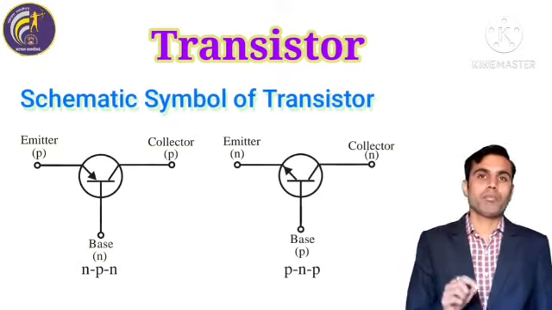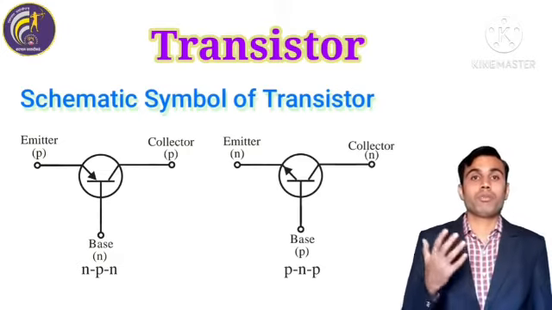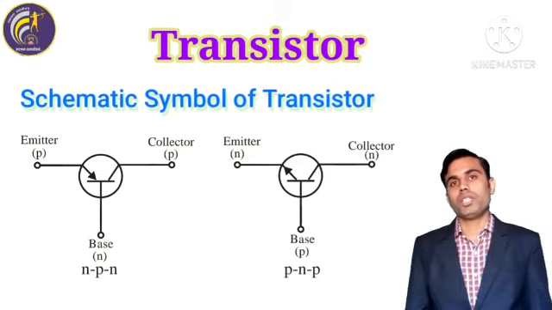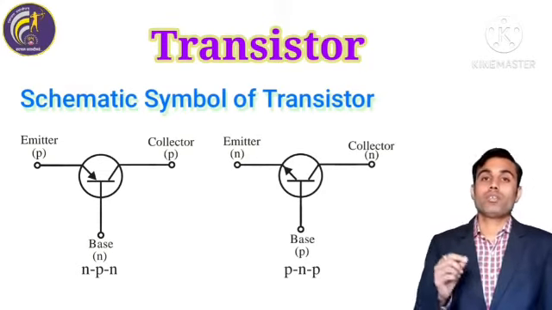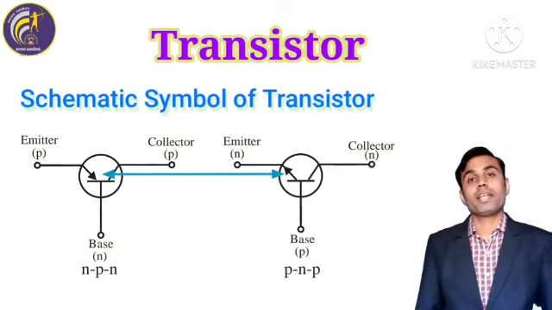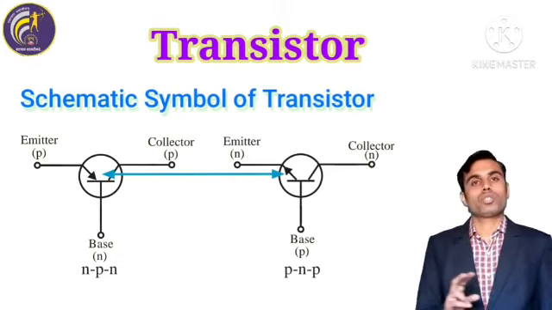Similarly, in a PNP transistor, two P-type semiconductors are joined together by growing a thin layer of N-type semiconductor in between them. In the schematic symbols, the direction of the arrow is not the same in both transistors.